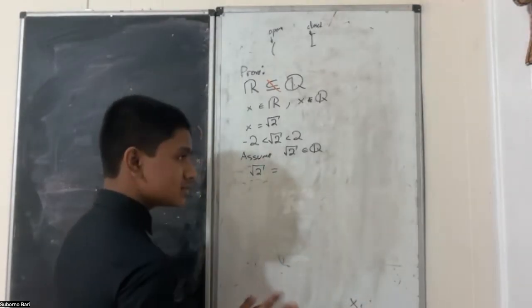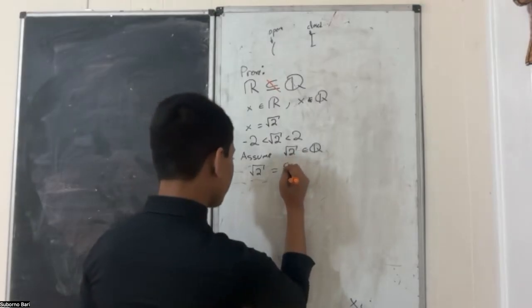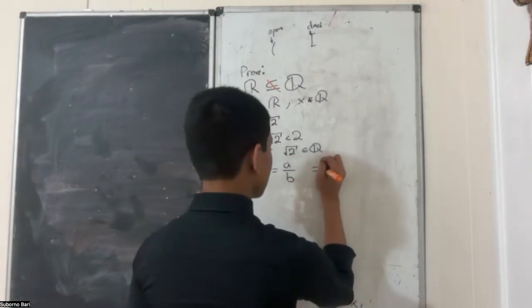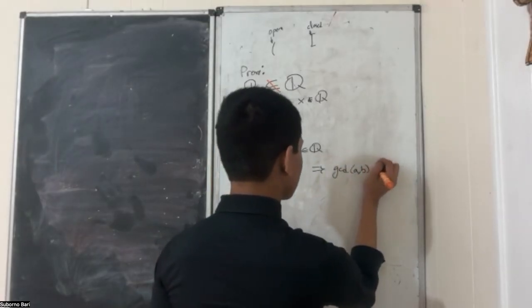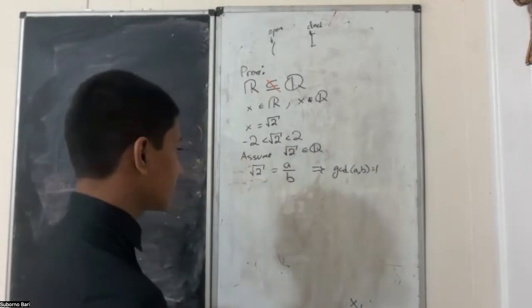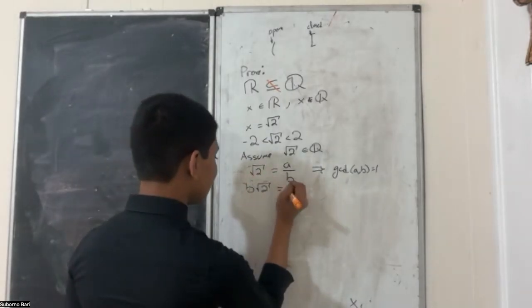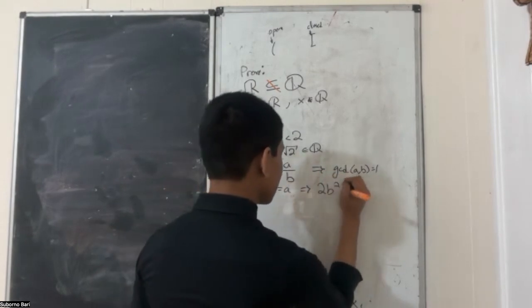Sorry. So, assume the square root of 2 can be written as a over b, where a and b are relatively prime, i.e. the GCD of a and b is 1. Then, if you cross multiply, you get this, and then if you square both sides, you get this.